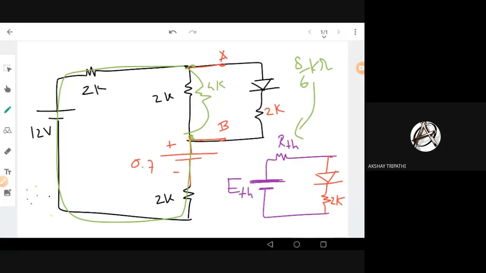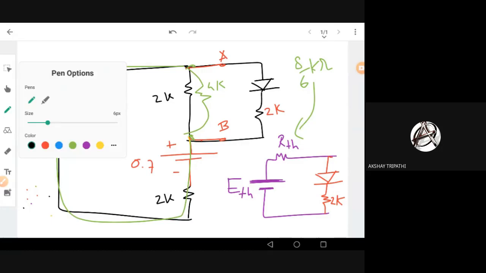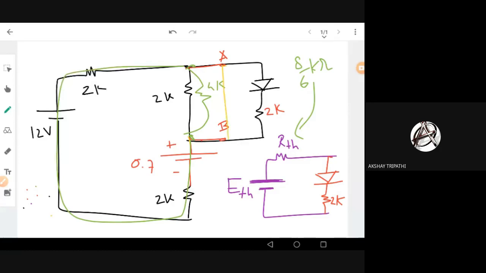Fine. Now what about Thevenin voltage? We have to go for Kirchhoff voltage law, right? There's another way. One of the practical ways is to go for Norton: short circuit between A and B. If I short circuit between A and B, I get the current.